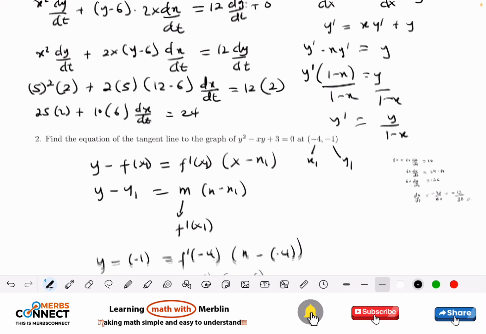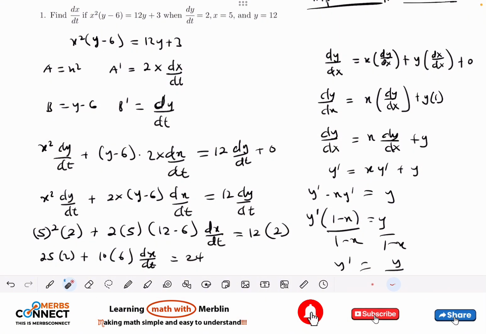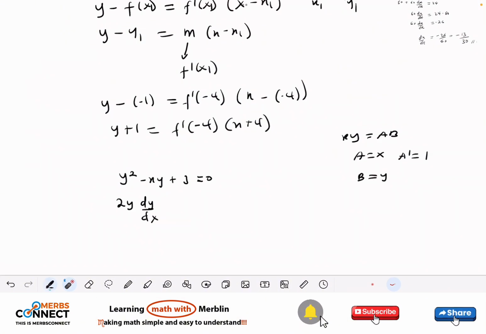X. This one, we were not differentiating it with respect to, let me say, x. If this one were differentiating with respect to x, this one could have given us 2x instead of 2x dx over dt. Is that right? Good. So that's the idea. So this one, since we are differentiating with respect to x, we are going to get 1. Then when I differentiate b, I'll just have y prime, or in other words, I can say dy over dx.